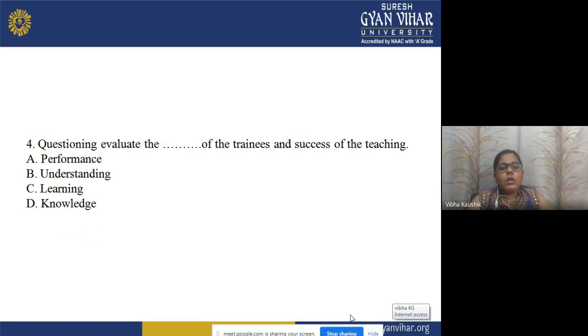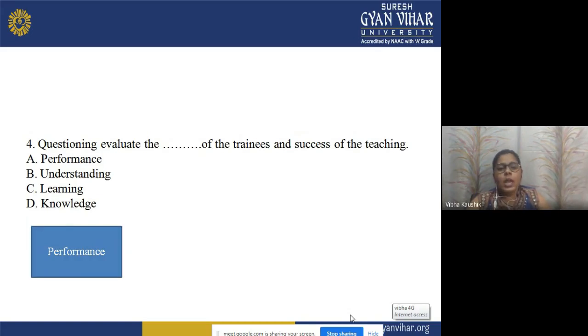The fourth one is questioning evaluates the dash of the trainees and success of the teaching. Now the options are A, performance; B, understanding; C, learning; and D, knowledge. You have to select the correct answer from the given choices, and the correct answer is performance.